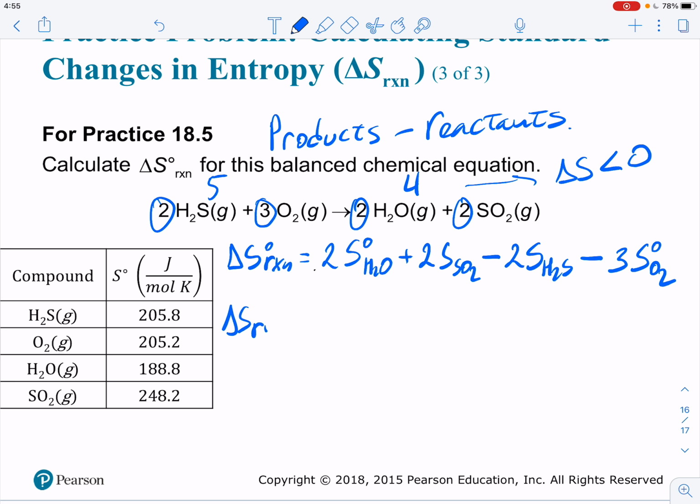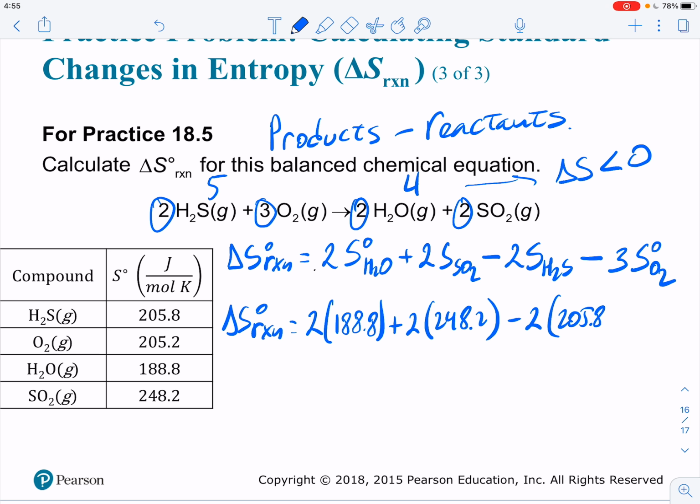So we have the entropy of reaction is going to be equal to 2 times the one for water, which is 188.8, plus 2 times the one for sulfur dioxide, 248.2, minus 2 times the one for hydrogen sulfide, 205.8, minus 3 times the one for oxygen, 205.2. All right?